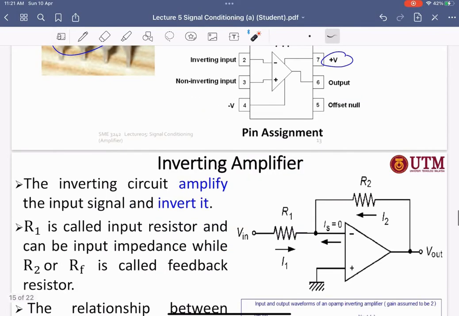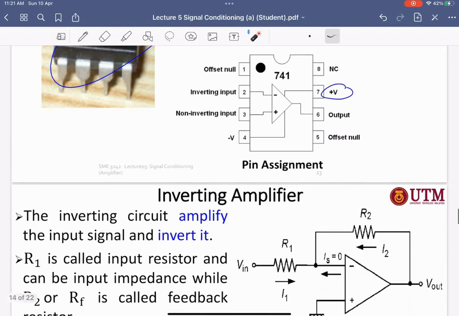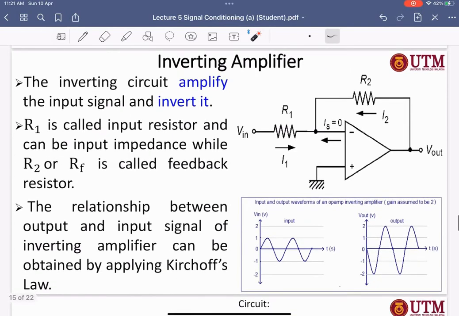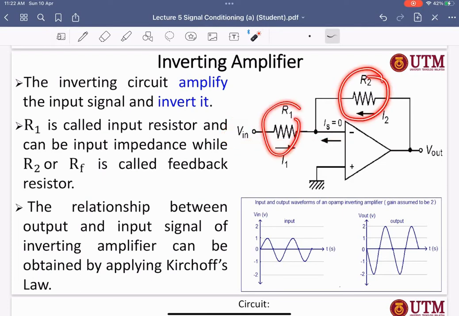Okay, so let's look at the basic configuration, which is the inverting. So when you construct the op-amp, this is your op-amp. Then you have the input going to the inverting, minus. Then you have one resistor and two resistor, right? First one resistor, second resistor. So this one we call the inverting circuit, right?